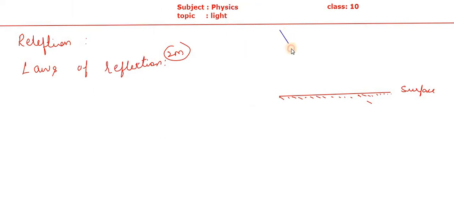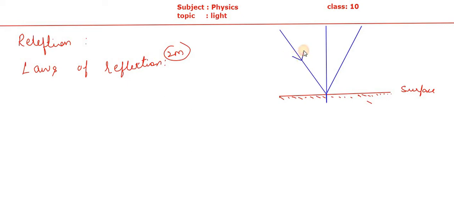This is the incident ray, as we already know, and this is the reflected ray. This is the incident ray, this is the reflected ray, and this is the normal line drawn. We can name these, and also we need to draw the arrow mark.